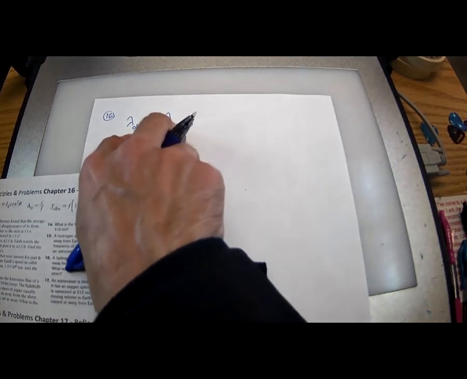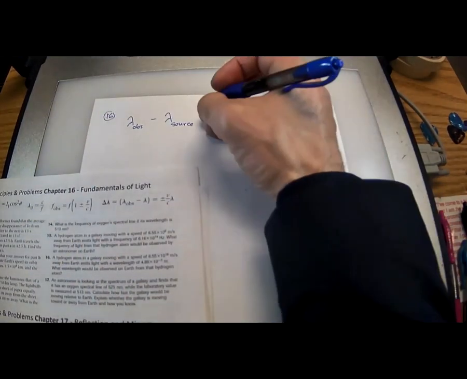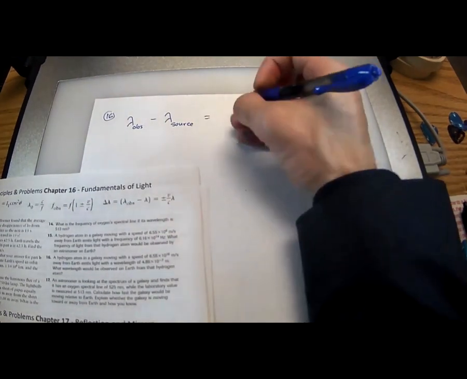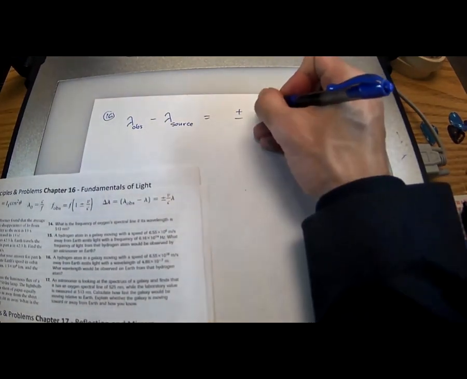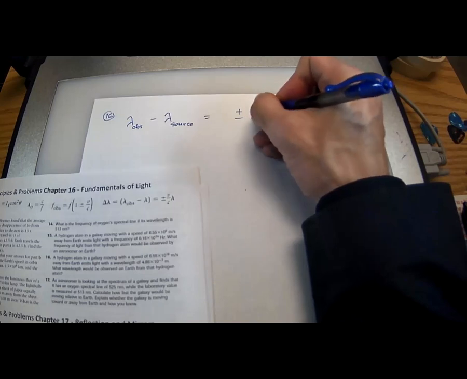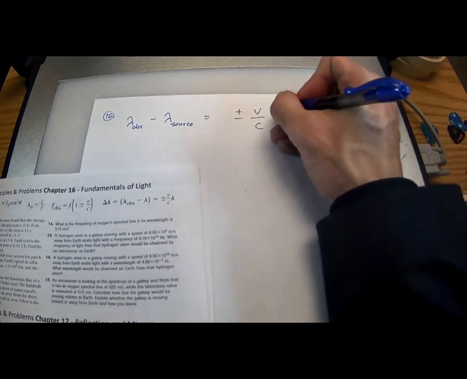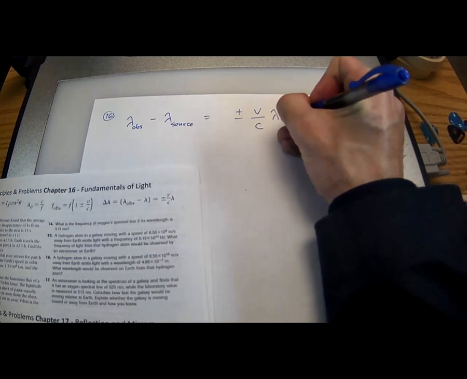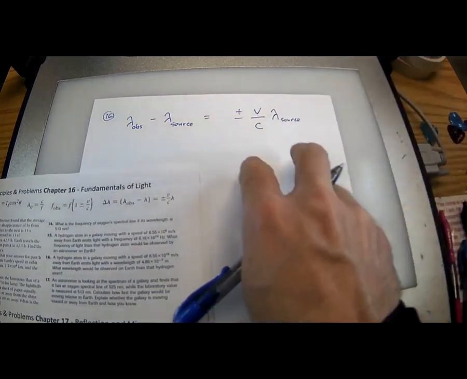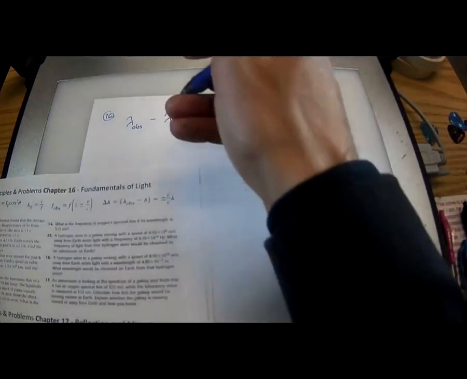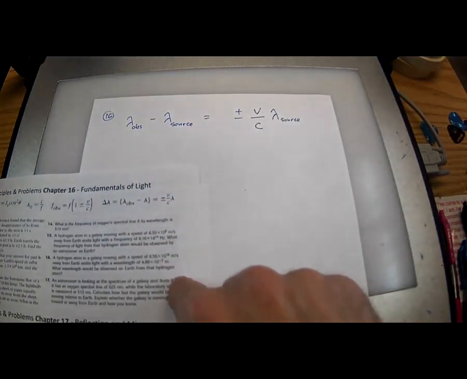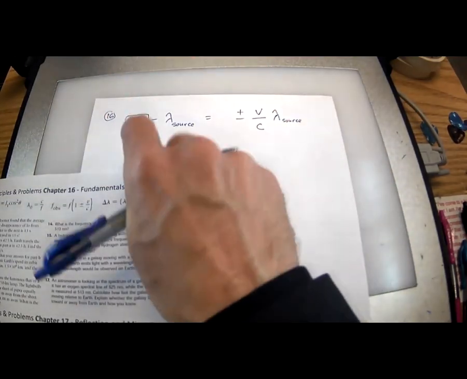So there's a change, like delta lambda. That's equal to, it says plus or minus, the speed of the galaxy compared to the speed of light times the source wavelength. Okay. And what we're trying to solve for is what wavelength would be observed on Earth. We're trying to solve for that.